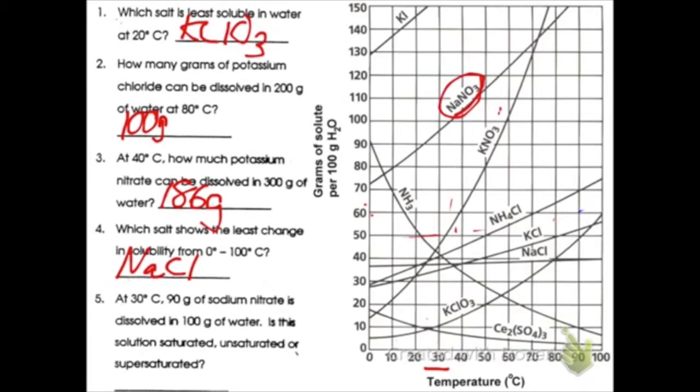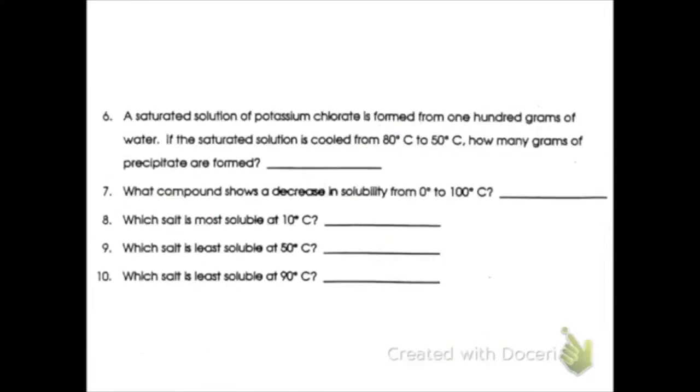I'm going to find 90 grams of solute, and I'm going to find where that line and 30 degrees Celsius intersect, which is right there. So what we've got to look at is, is that above our sodium nitrate line, below our sodium nitrate line, or on our sodium nitrate line? It's a little bit below the sodium nitrate line. So anytime we're below the line, could we dissolve more? Yes. We could dissolve more, so that means it's an unsaturated solution. All right. There we go. This is pretty easy.